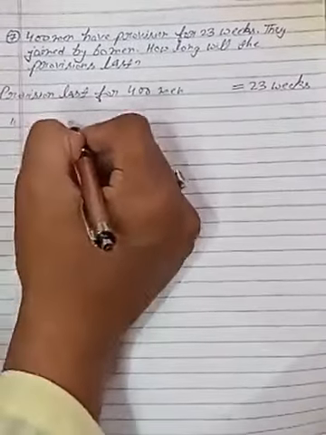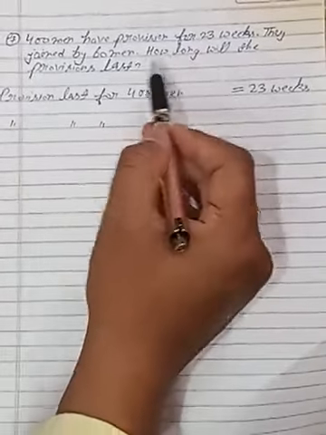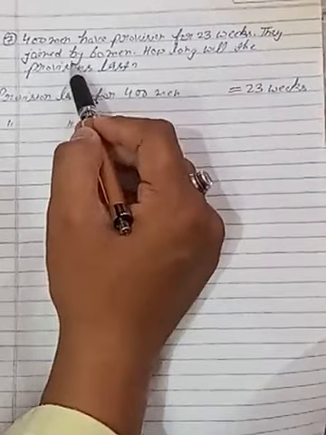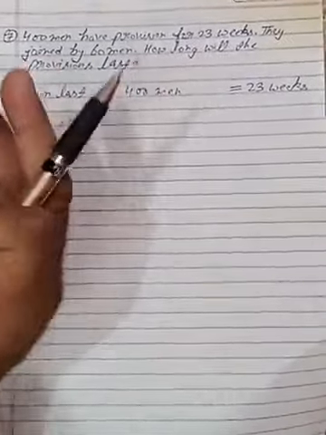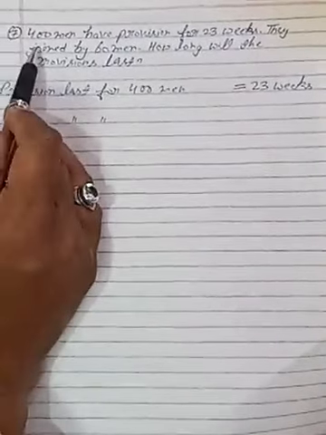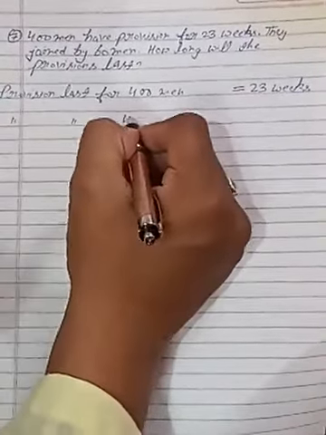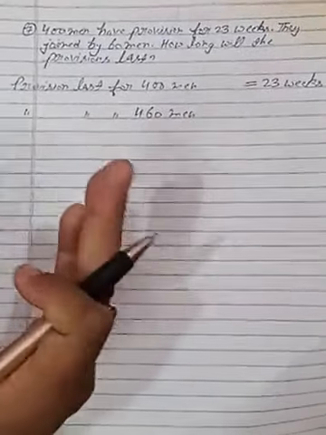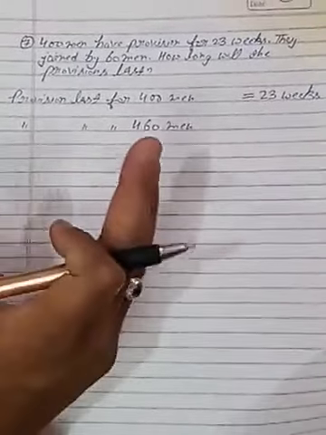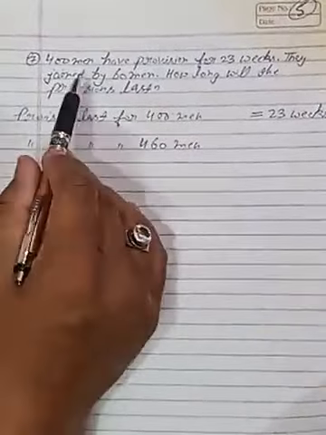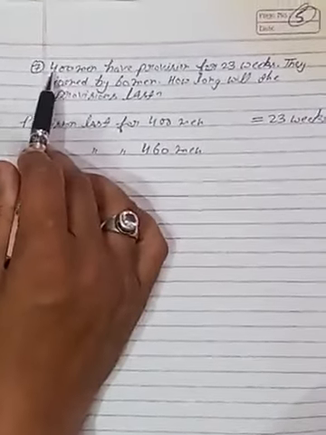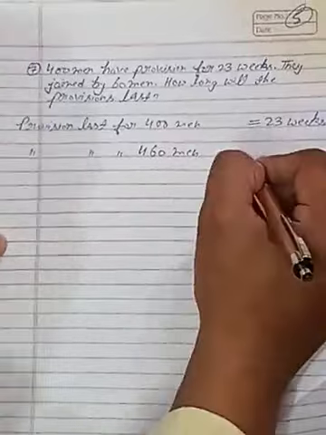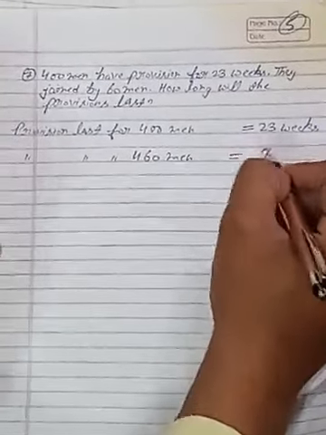Then provision lasts for, they have been joined by 60 men. Now 60 more men join with 400 men. Now total number of men is 460 men. In some questions some men left, then we will subtract. If joining, then we will add. So 400 plus 60, 460 men is equal to question mark.